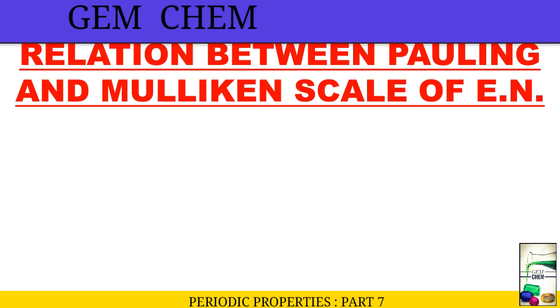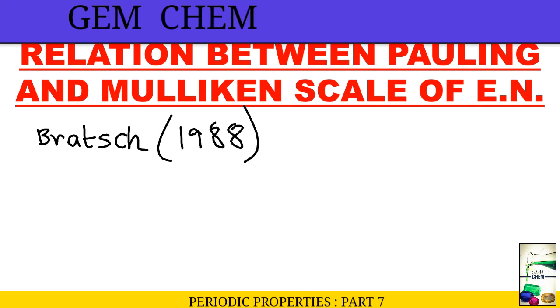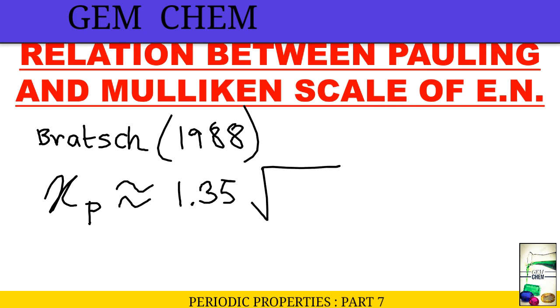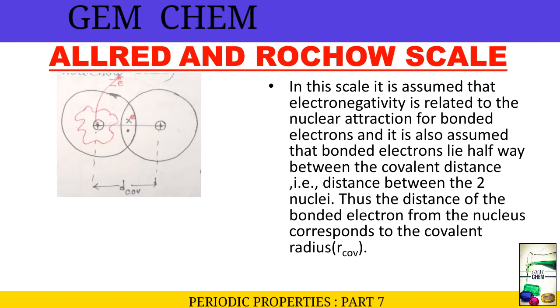Basically, based upon the data on a large number of elements, the following linear relationship between the Pauling and Mulliken scale has been proposed by Bratsch, B-R-A-T-S-A-C-H, in 1988, and the relation is that chi P, that is for the Pauling scale, is nearly equal to 1.35 root over chi M, that is for the Mulliken scale, minus 1.37. Okay. Now we will see the next one, that is the Allred Rochow scale.